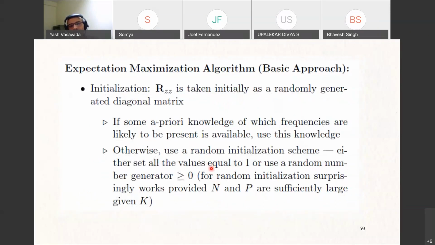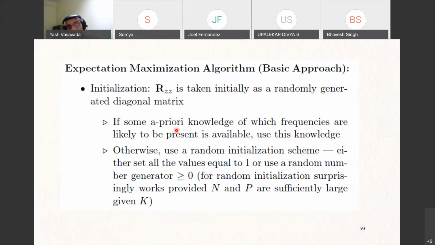So whenever we talk about an algorithm, especially if it's an iterative algorithm, which is what this EM algorithm is, we have to first state how we are initializing the algorithm. And then we have to say what we are doing inside each iteration of the algorithm. So the way this algorithm is initialized is by taking RZZ to be either randomly generated or sometimes even just an identity matrix.